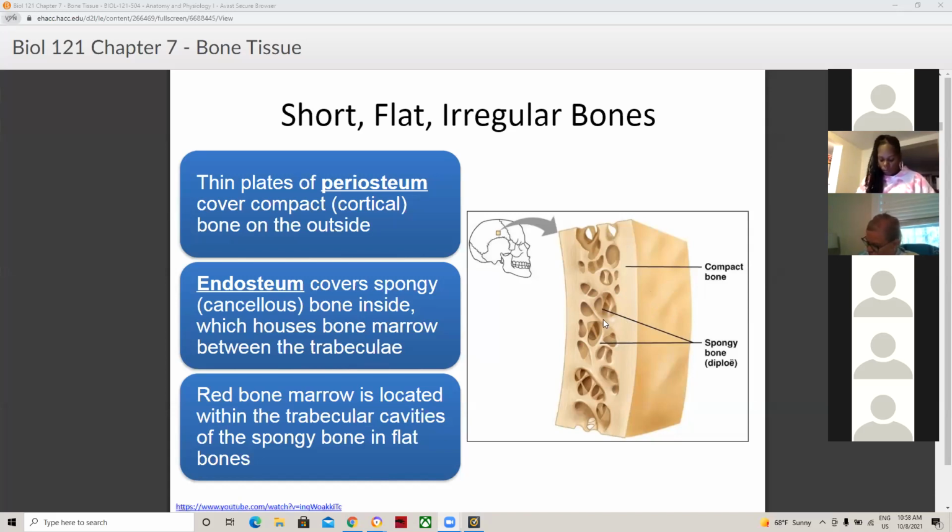That's why it's called spongy bone. In between what are called trabeculae, little bars, there is bone marrow. The red bone marrow is located in the trabecular cavities, so these little inner spaces of the spongy bone.